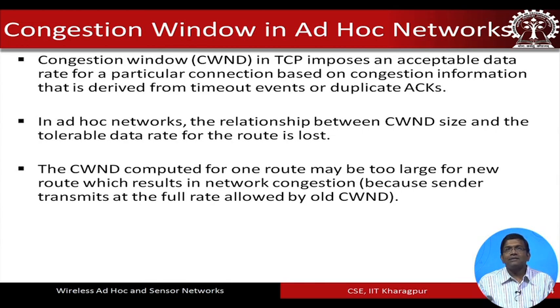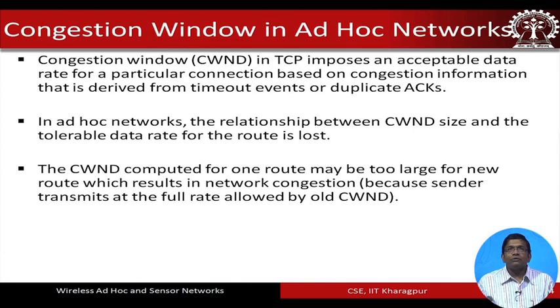So, what it means is that the congestion window size basically dictates the rate at which the data is going to flow between the sender and the receiver. And in the case of ad hoc networks, due to disconnections etc., this could lead to a problem, because you cannot implement such a mechanism as such in the case of these networks.